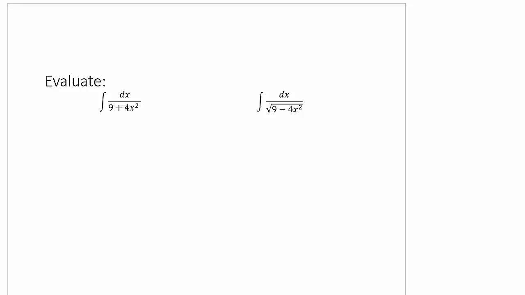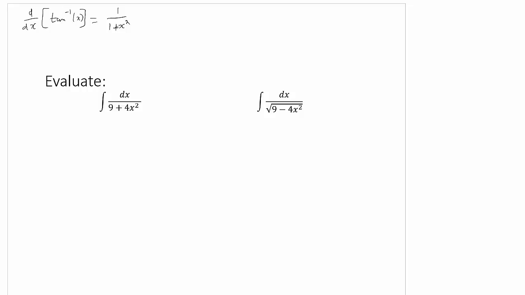The first one here, I have the integral of dx over 9 plus 4x squared. This might look sort of familiar. I remember from Calculus 1 that the derivative with respect to x of the arctangent function is 1 over 1 plus x squared.